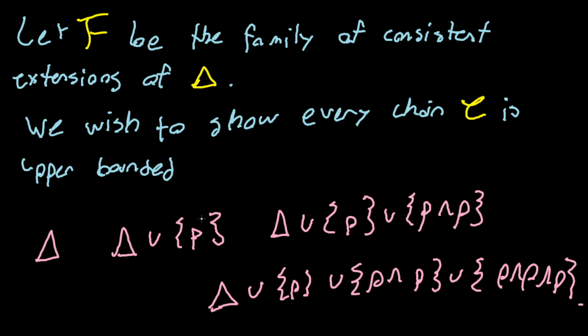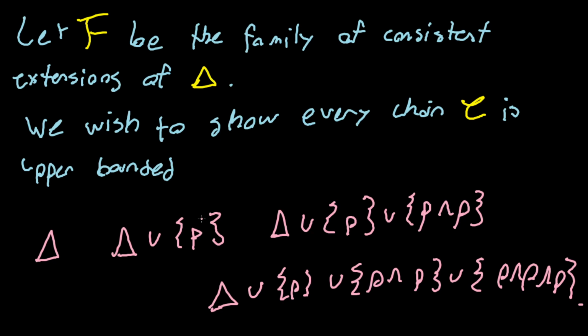So the difficulty, and this is what makes Zorn's lemma a necessity, is that we need to show that there's some consistent extension. I'm only adding finitely many sentences at any time here, but we need to show that there's a necessarily infinite consistent extension, and that it's still consistent, and that it contains all of these infinitely many statements that I'm appending to delta, right?